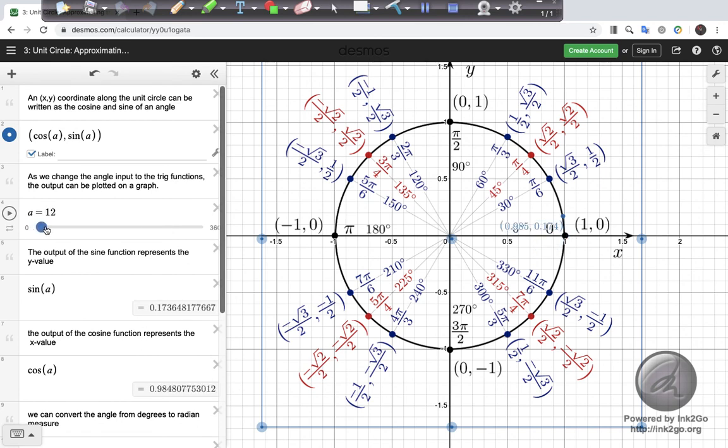And understand that that point along the unit circle is giving you the output of the sine and cosine of the angle. We're connecting rotation with x and y position as we go around the unit circle.